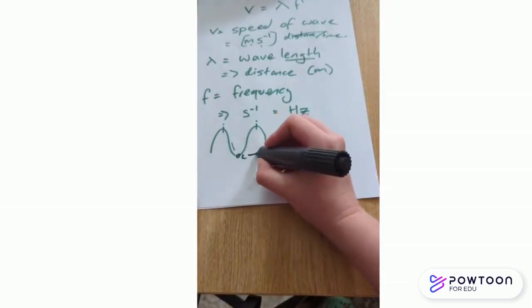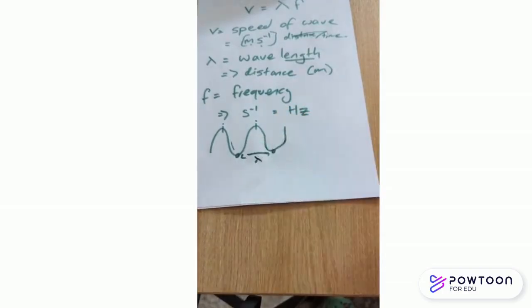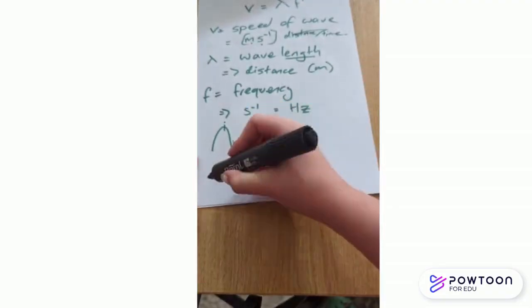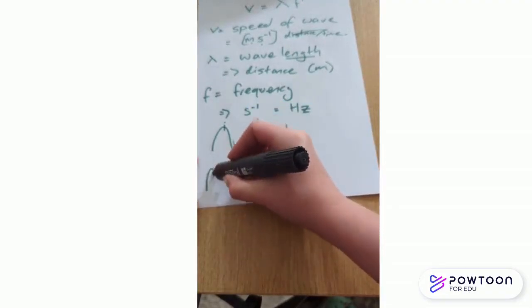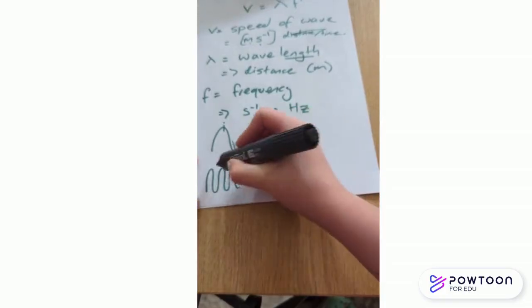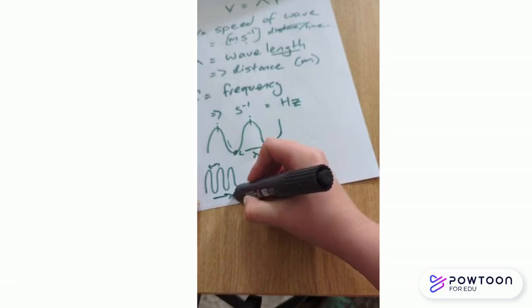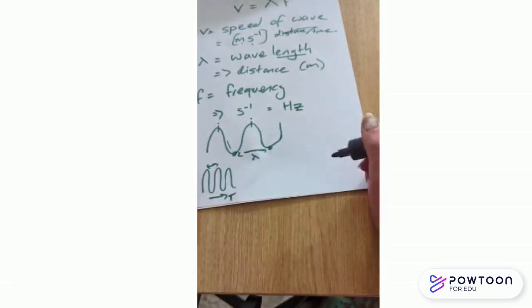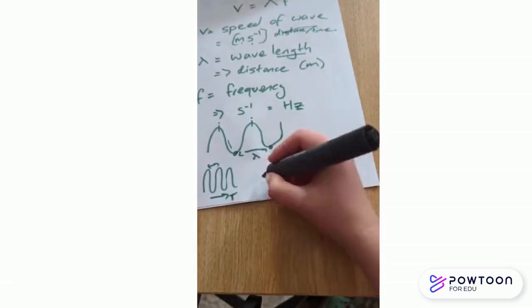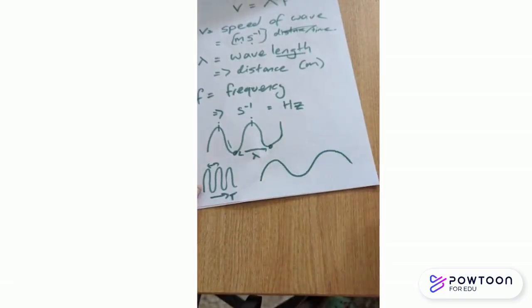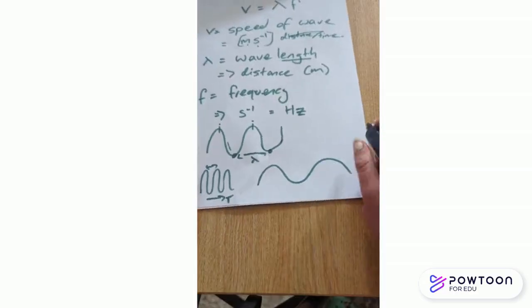So this distance here is one wavelength. The wavelength is always just measured like that, but a high frequency is like this. So this is the wavelength, and let's say this is time. One is measured in distance, one's measured in time. And then a low frequency is like this. So it's a lot slower. It's generally less.